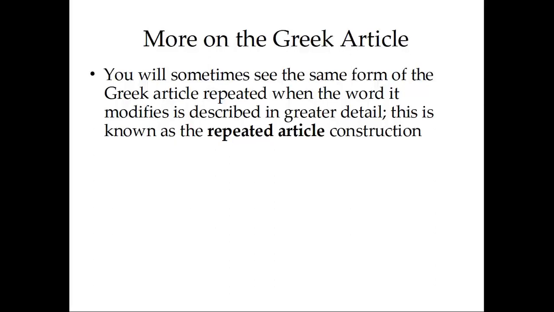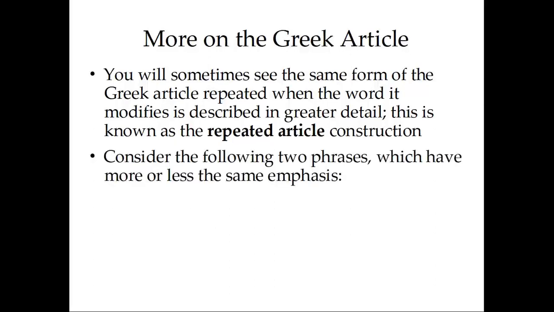You'll sometimes see the same form of the Greek article repeated when the word it modifies is described in greater detail. This is known as the repeated article construction. Consider the following two phrases, which have more or less the same emphasis. Ho sophos logos and ho logos ho sophos. And in red here, I have the definite article. Note that it's basically just a repeat of the form of the definite article before.